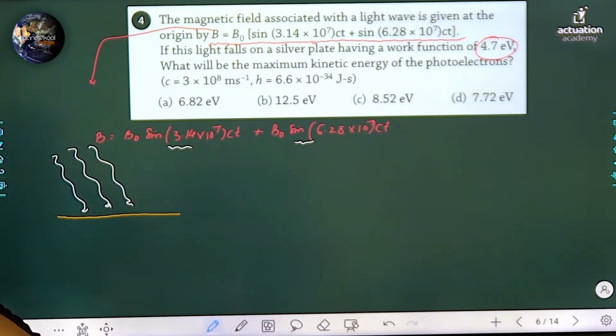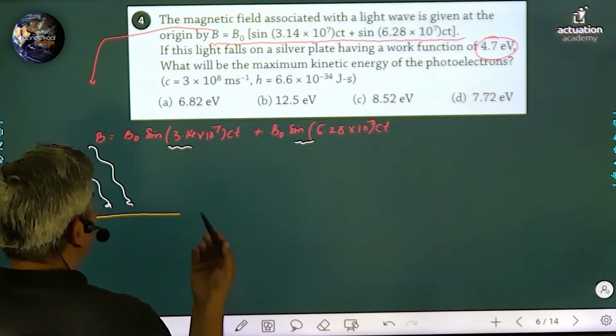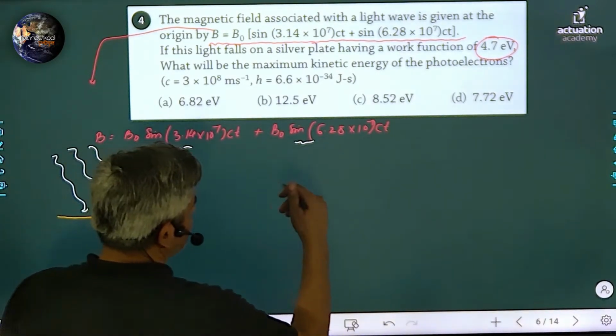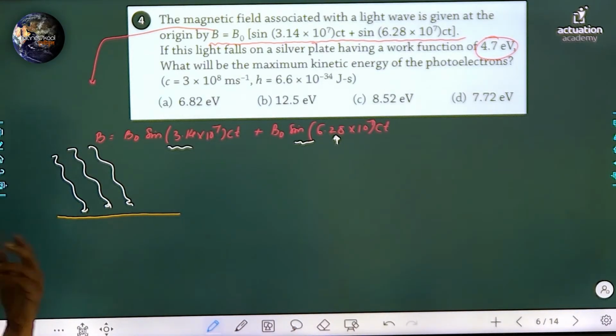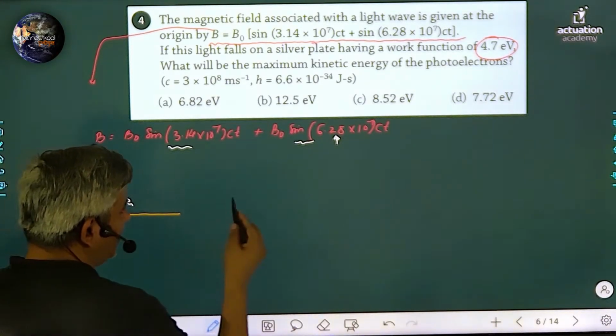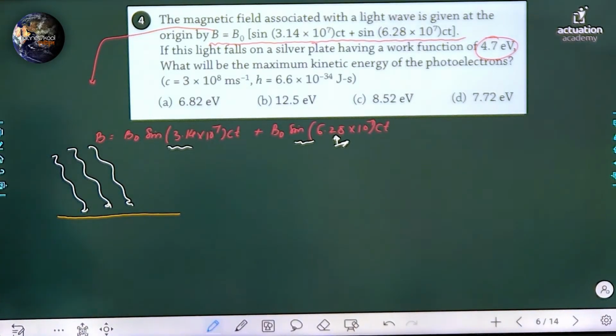This magnetic field is carrying the energy of the electromagnetic wave, so the electron emitted by the high frequency wave will have the larger kinetic energy.